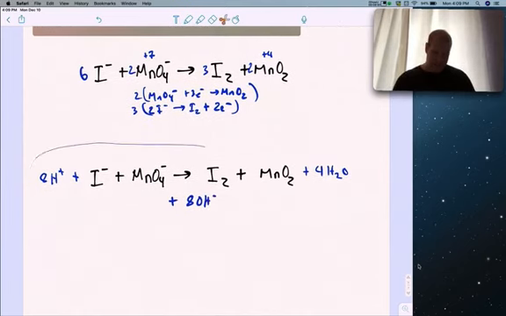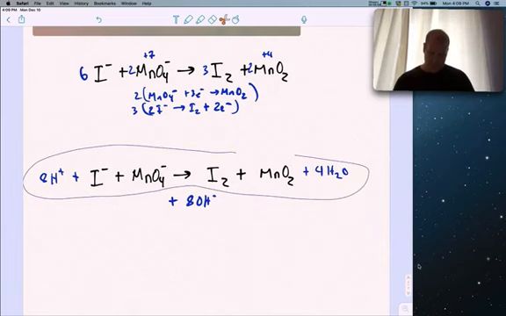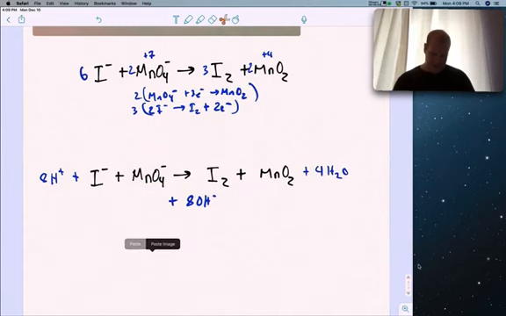Okay, so this equation, we're going to add 8, oh shoot, didn't copy. We need to add 8 OHs.